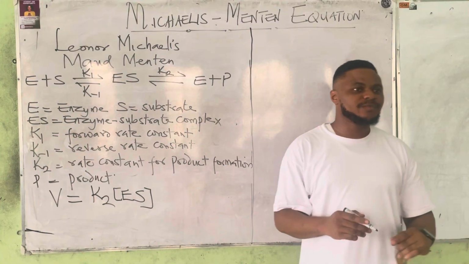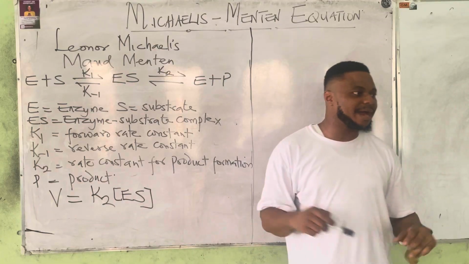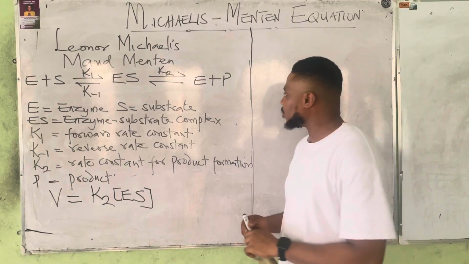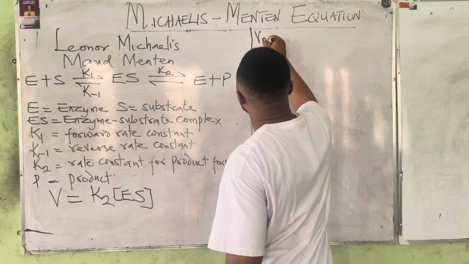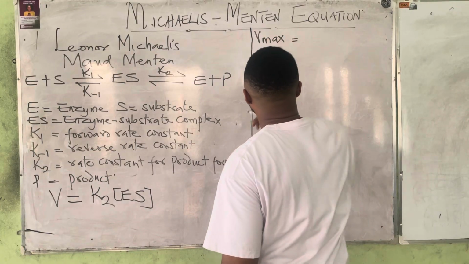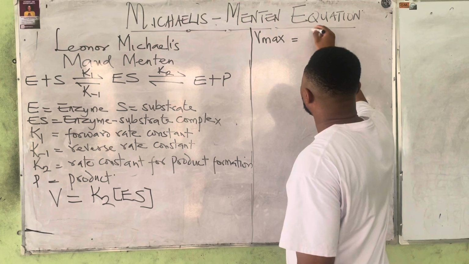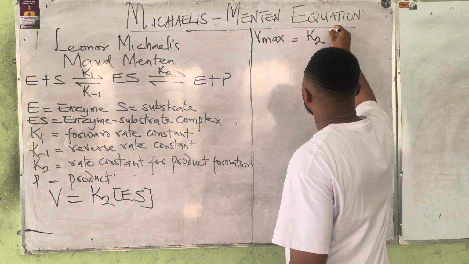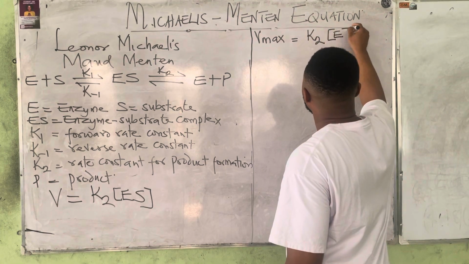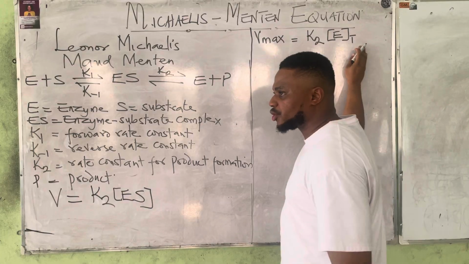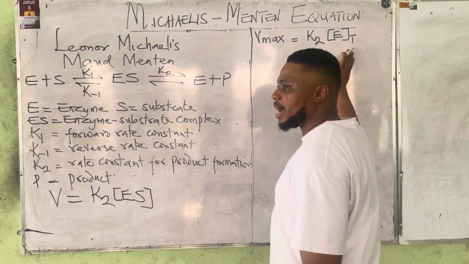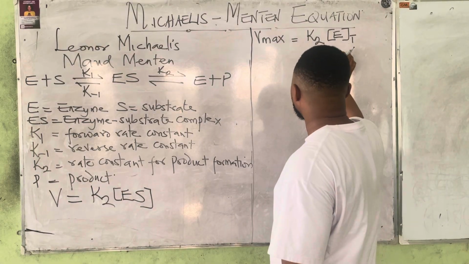I told you that anytime you have something in square brackets, it means concentration. Now we also have Vmax. Vmax is equal to your K2 multiplied by your total enzyme concentration.